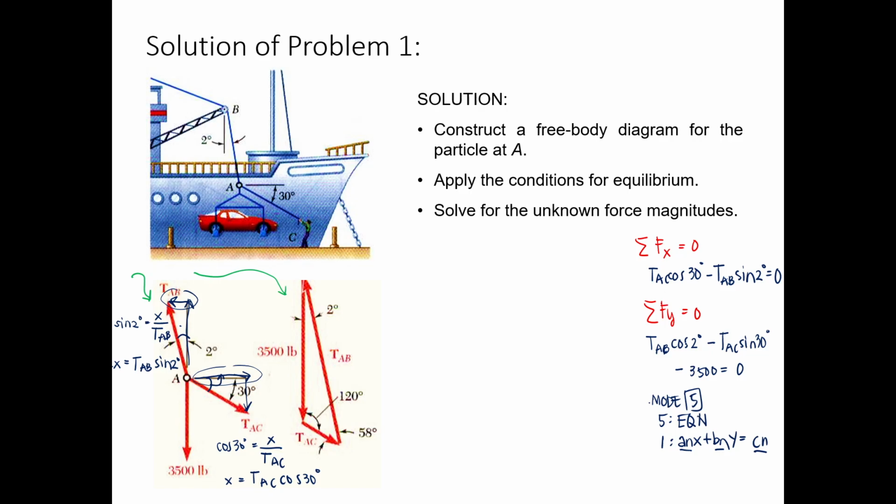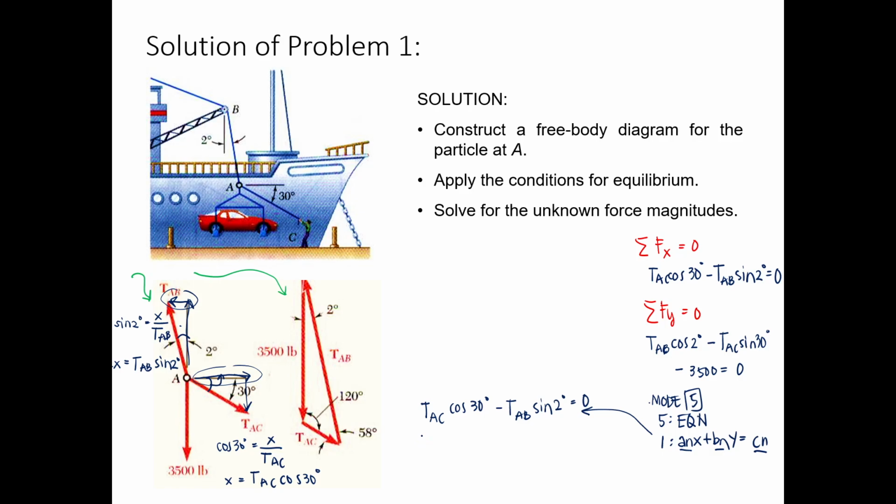So let our x be, let's say TAB, and then your y component be your TAC. So it's a bit complicated, but if you just follow the format, again, we will isolate here. So let's try to rearrange your forces of x and y. So TAC cosine 30 degrees, then minus TAB sine 2 degrees equals 0.